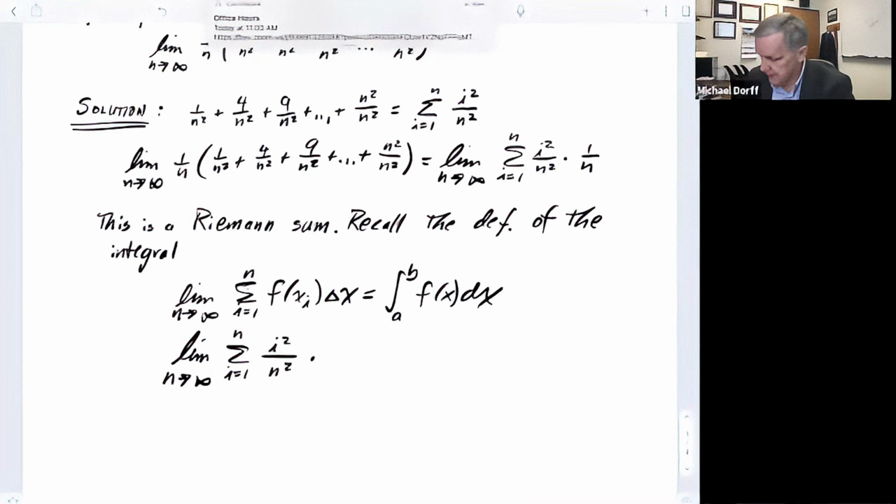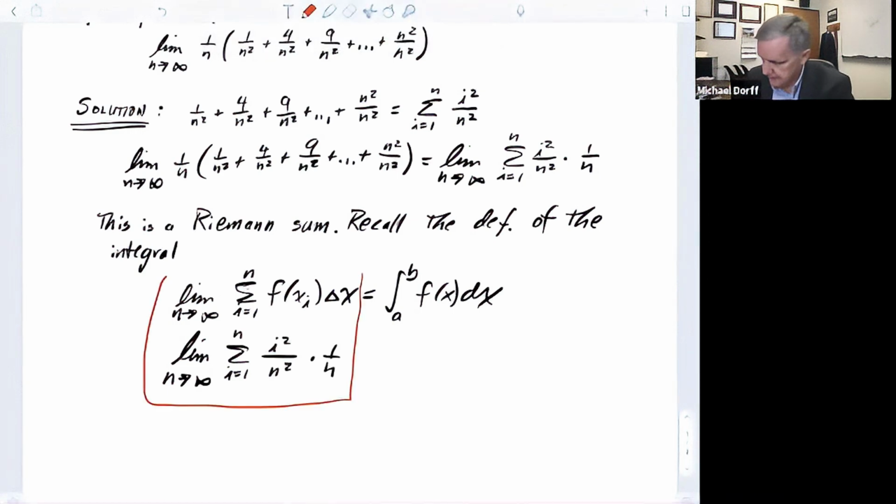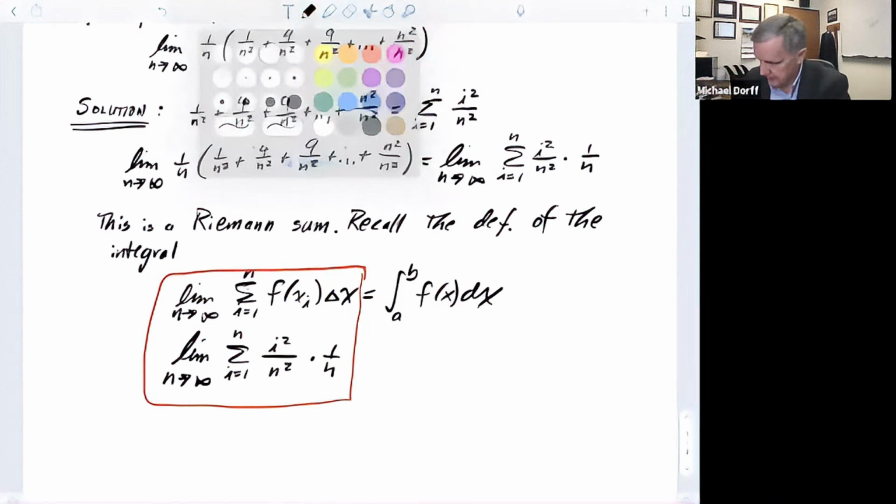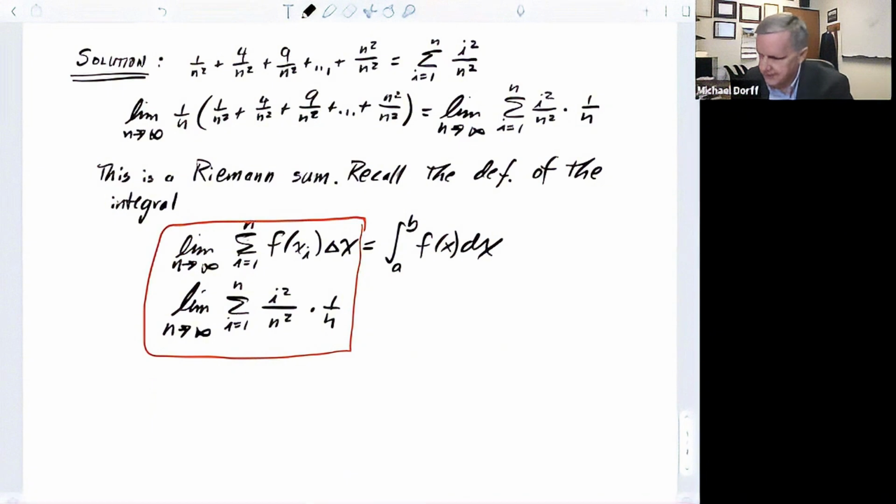We have in this problem the limit of the sum i equals 1 to n of i squared over n squared times 1 over n. I'm going to equate these two parts together. What do I notice? That suggests to me that delta x is 1 over n. But recall delta x equals (b minus a) over n, so this means that b minus a is 1.